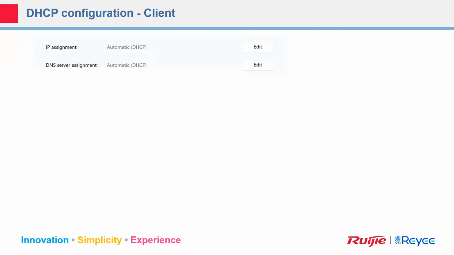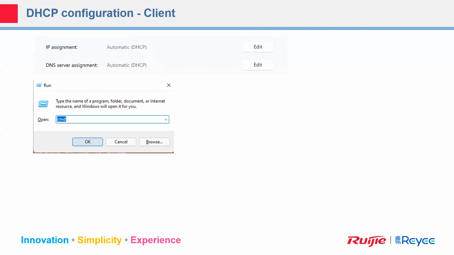Then on your client, you only need to select the IP assignment to be DHCP. Oh, it's similar to Cisco. Yes, every command is similar. And for the DNS, you select automatic via DHCP. That's enough for clients, right?